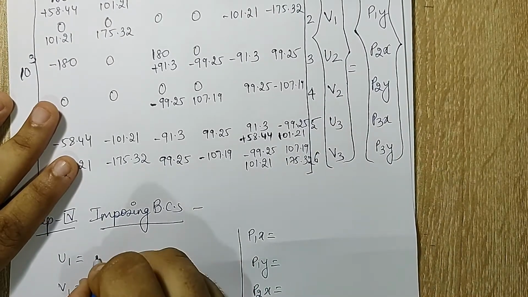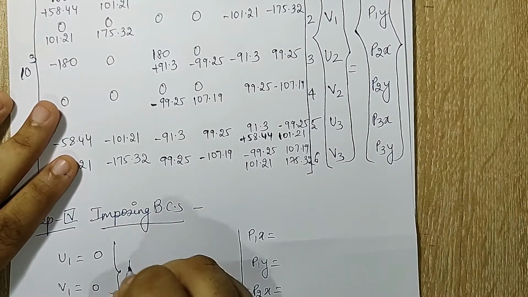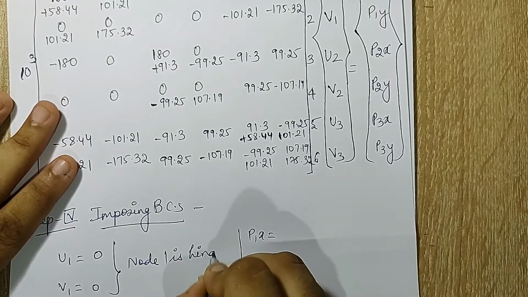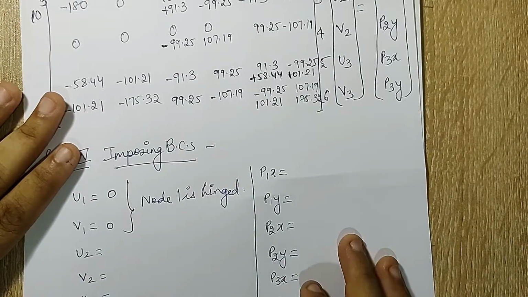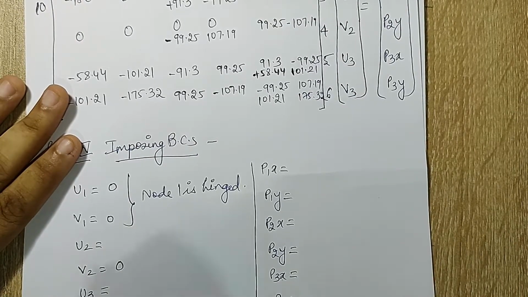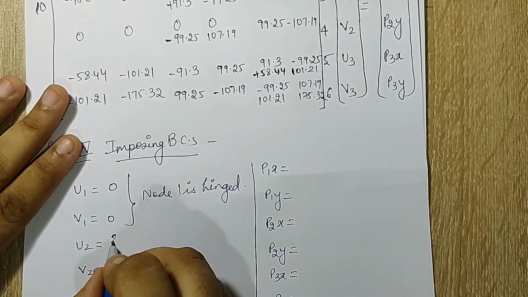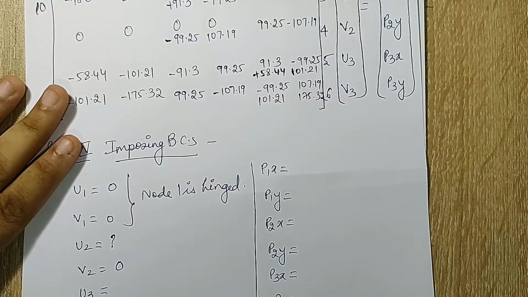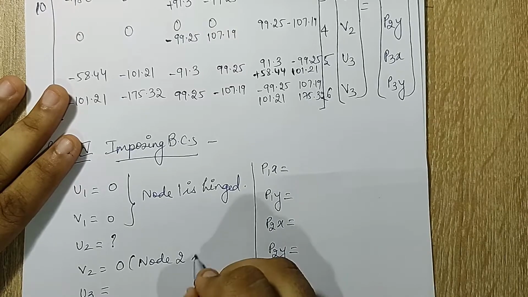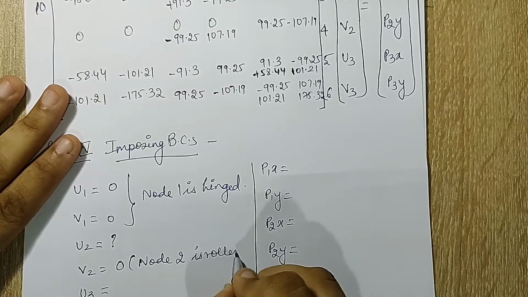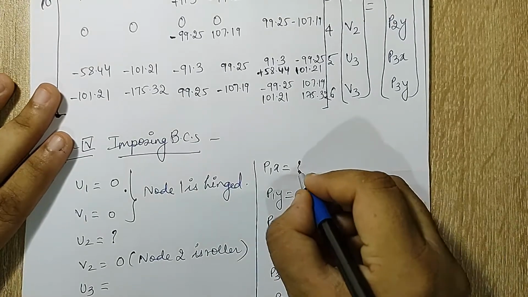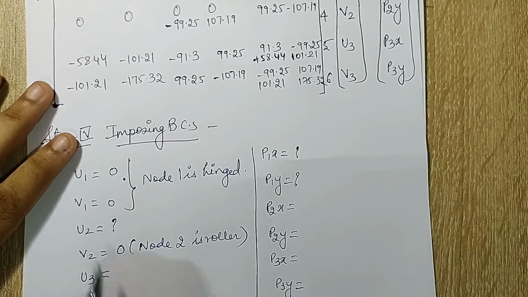I'll have U1, V1, 0. Right here node 1 is hinged. Next I'll go to U2, V2. V2 will be 0 because it is a roller and it can move in the x direction. So here I'll just write down node 2 is roller. Now since U1, V1 is 0, this will be reaction forces question mark.